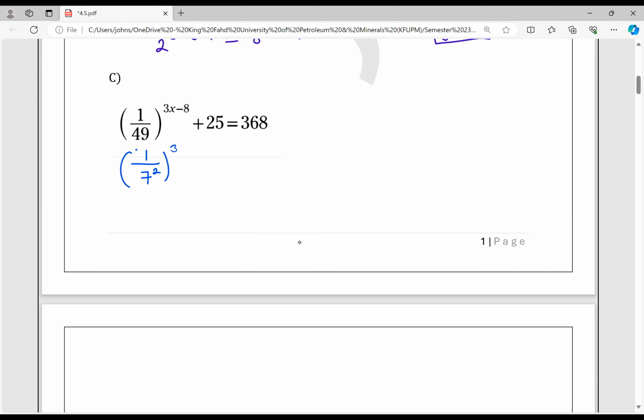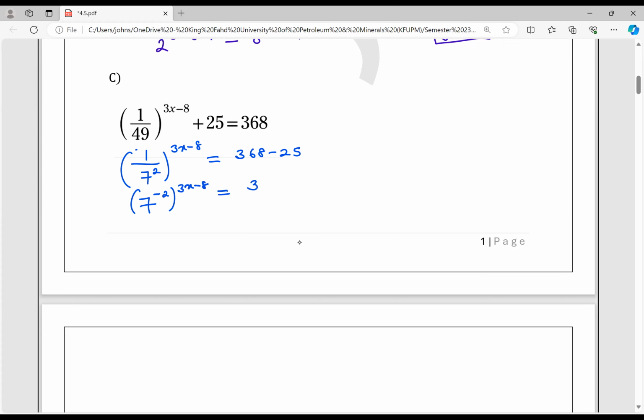And here we'll have 3x minus 8 equals, this one just take this here, 25. And now this is going to be 7. Because of this minus, I can just put here to be minus 2.